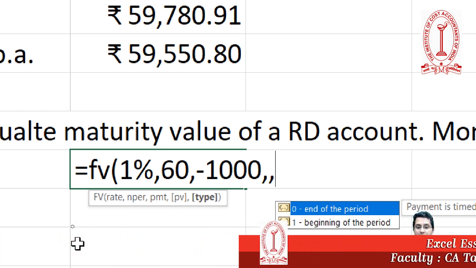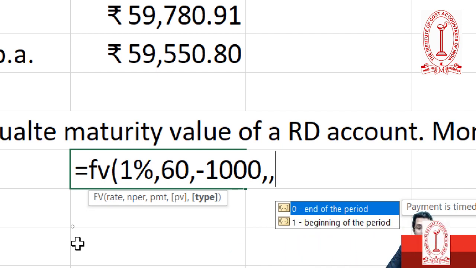So we need to give a type over here. 0 means end of the month. 1 means beginning of the month. If you are depositing money at the end of each month, choose 0. If you are depositing money at the beginning of each month, choose 1. So I choose 0. Suppose I am depositing at the end of each month.